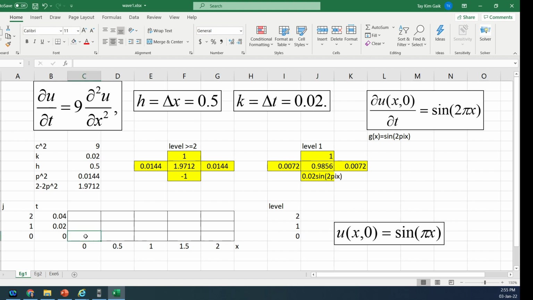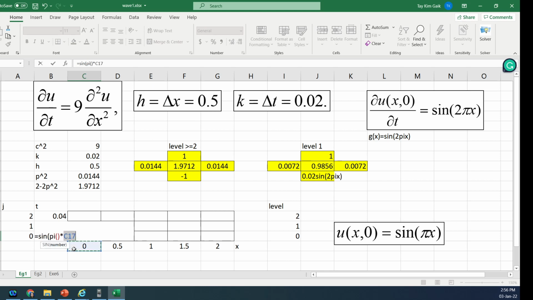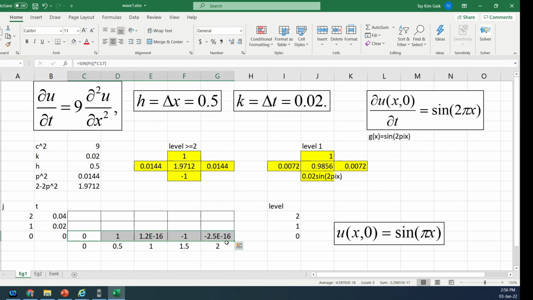So you may type it as sin(pi). To use pi in Excel, type pi with open and close brackets, then multiply with x, close the bracket, sin, open and close bracket. So you get 0. You can copy it.